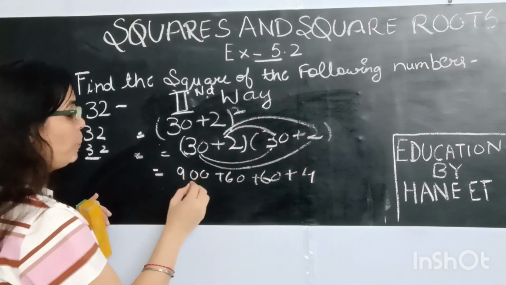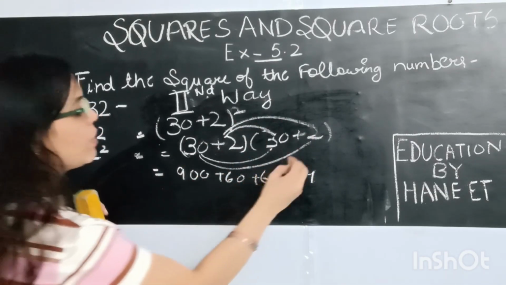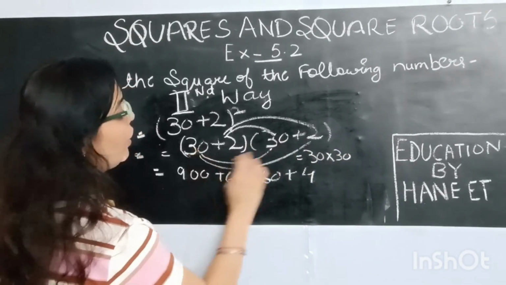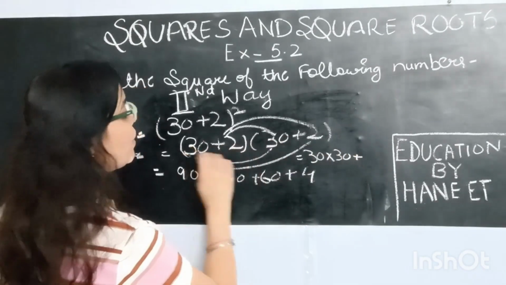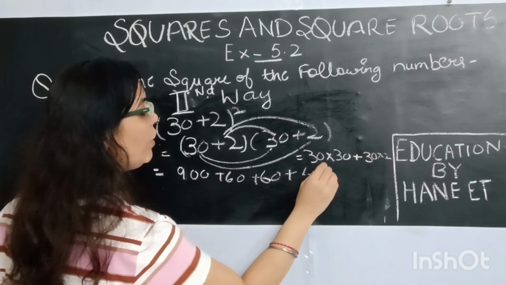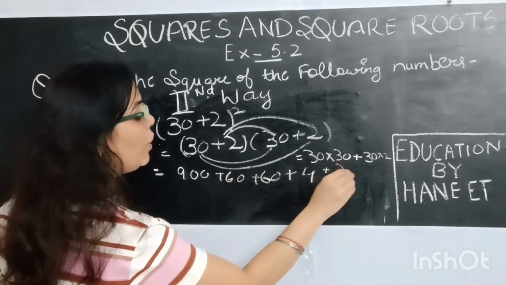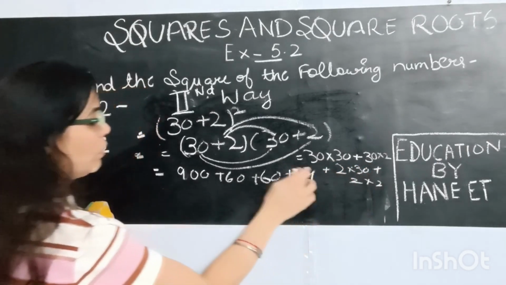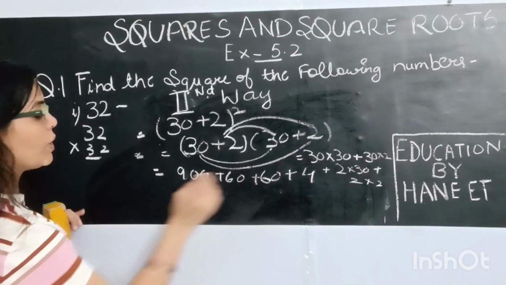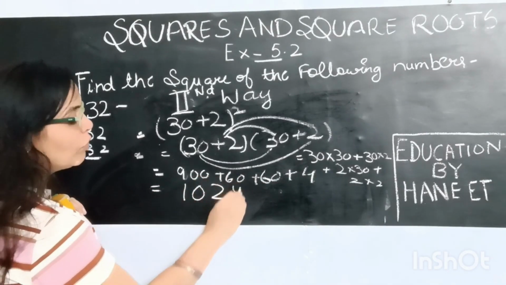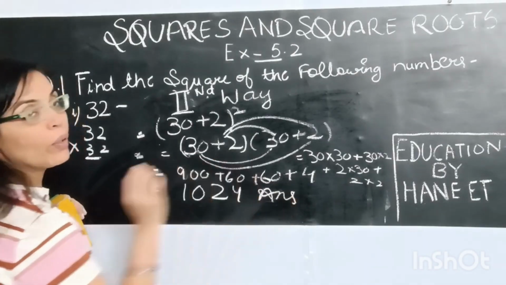If you want, I can break it here as well for your better understanding. So 30 into 30, plus 30 into 2, plus 2 into 30, plus 2 into 2. Okay, so this equals this. If we do this, we will get the answer as 1024. So this is the second way.